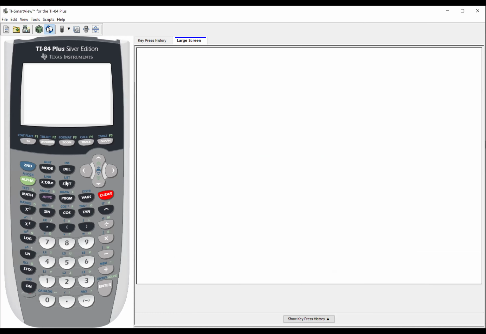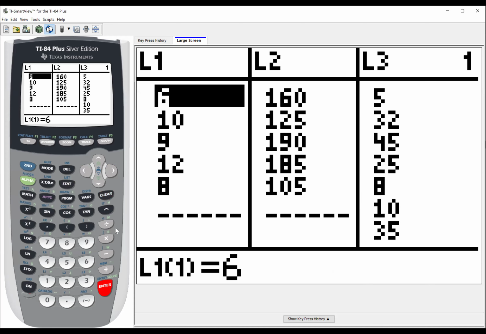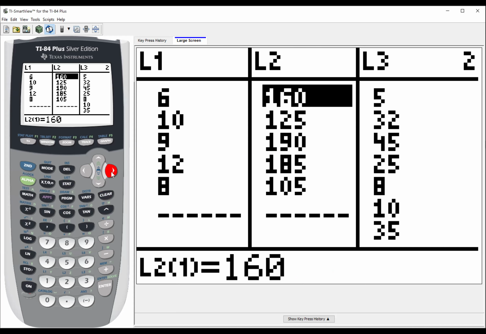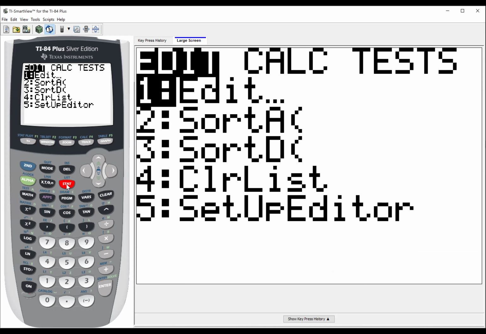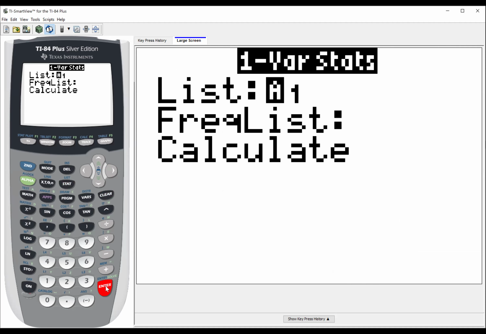Now I already have my list of speeds in my calculator. I have it in L2, list 2. So I'm going to press stat. We're going to arrow over to calc and one variable stats. But now I have to change my list to L2.